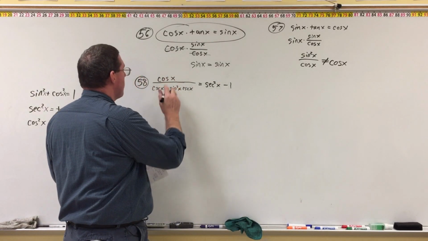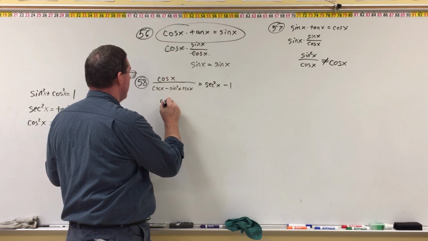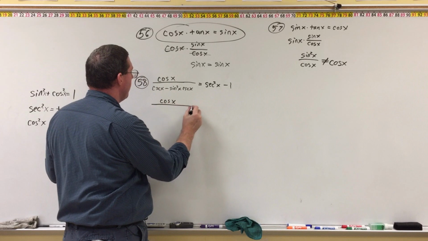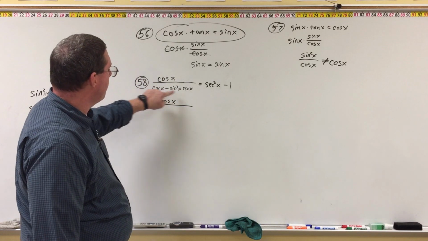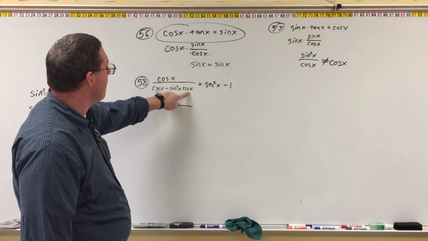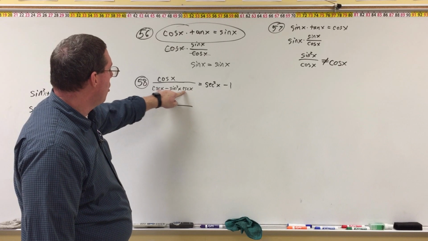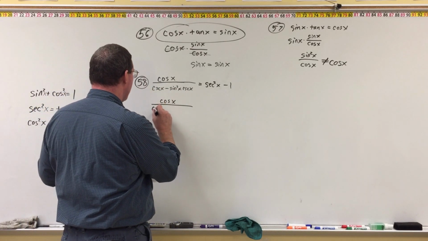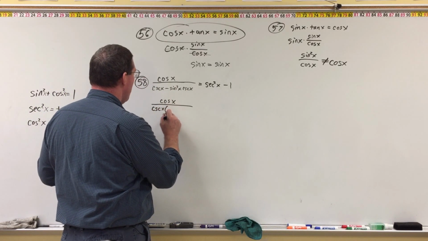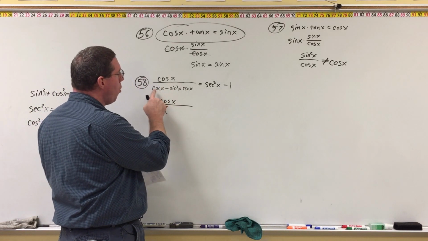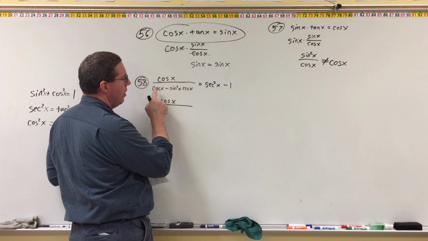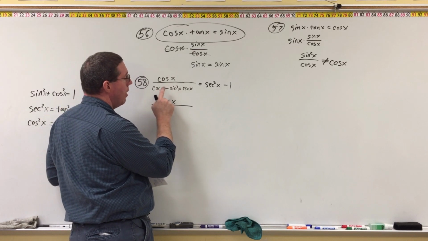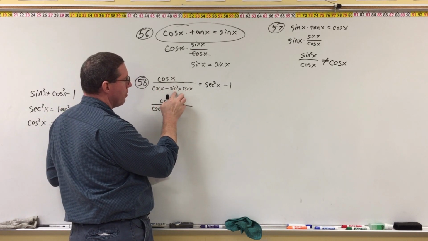All right, the top is going to stay cosine of x. But look at the denominator here. Do you see how there's a cosecant of x and a cosecant of x? I can factor out cosecant of x because it's a greatest common factor. So I'm going to factor out a cosecant of x. And what that's going to leave is a 1, because cosecant of x divided by cosecant of x is 1, minus, the only thing that's going to be left here is sine squared of x.